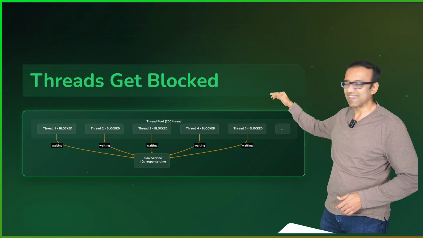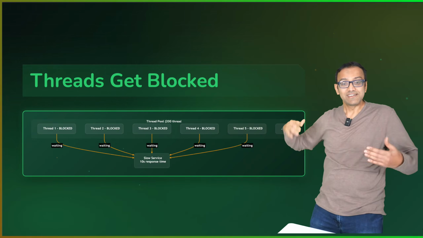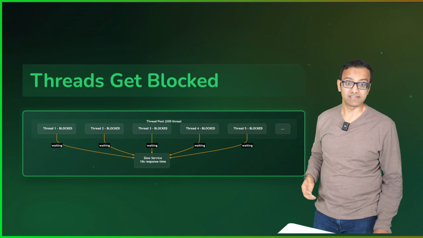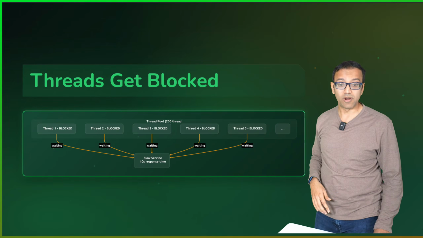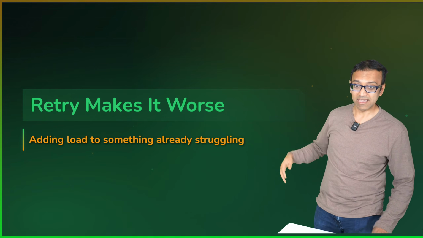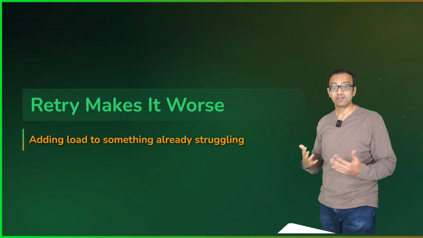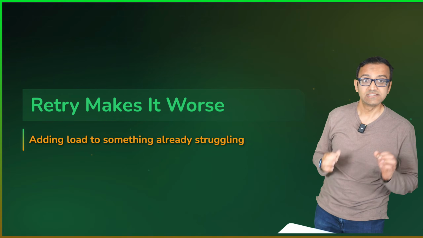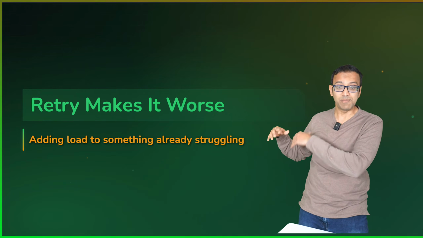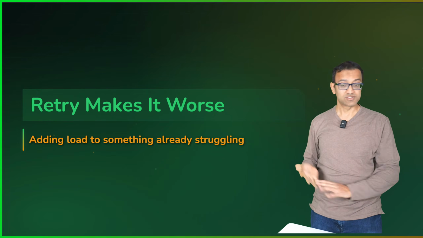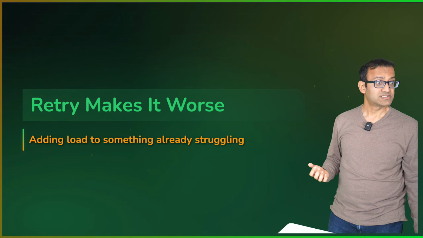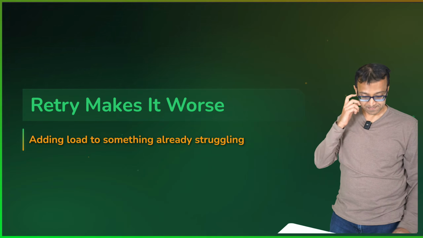Now, I'm going to try again. Another request comes in. So the retry actually makes this problem n times worse because it's filling the thread pool more than it should have. It's adding load to something that was already struggling. You're not helping it recover. You're actually piling on. You're making the problem worse. So retry is actually making things worse, which is all kinds of bad.